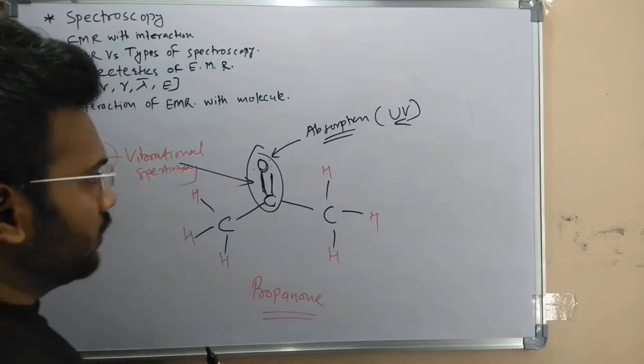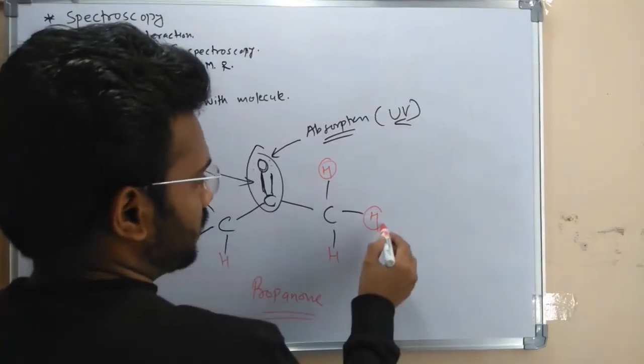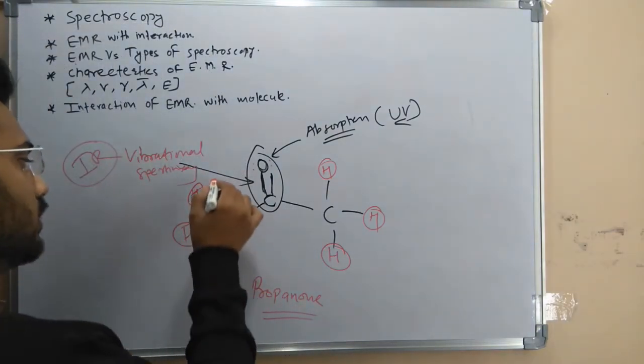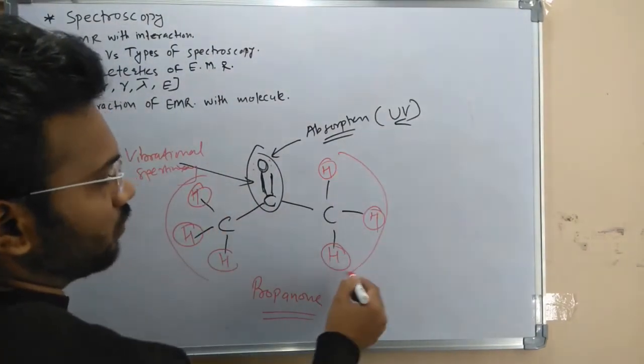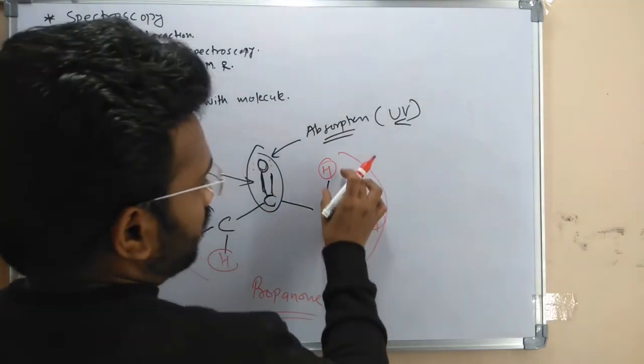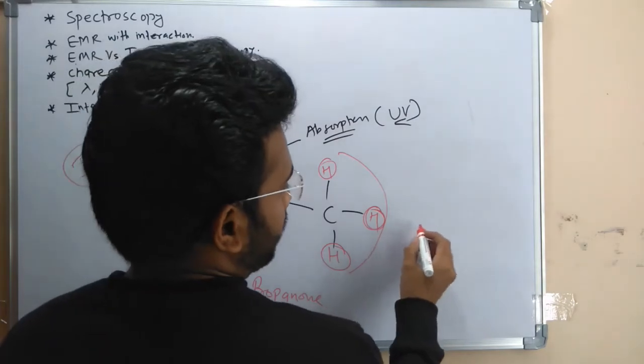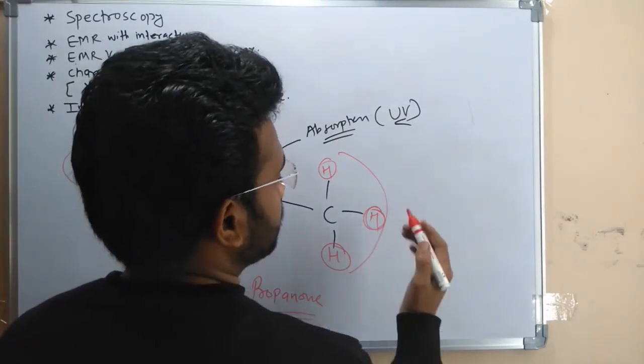Now next, this is hydrogen. These are different types of hydrogen, and for these 3 hydrogens the environment is the same. The hydrogen, or proton, spins, so we call it rotational spectroscopy.